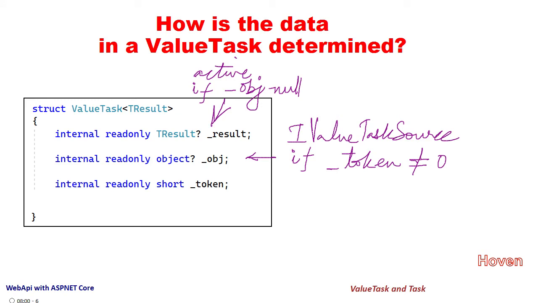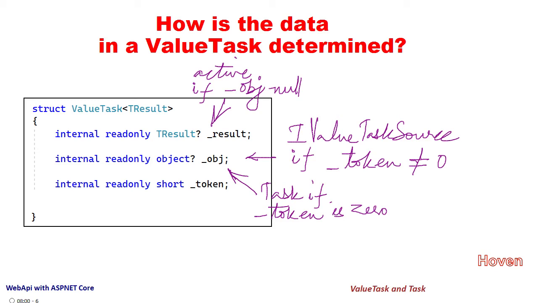So a non-zero token means that obj is storing an IValueTaskSource, and if this underscore token is 0, then underscore obj contains a task. So these are the rules that determine which is the active data member.